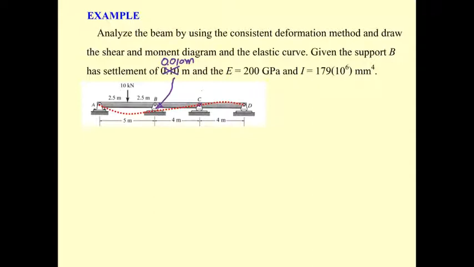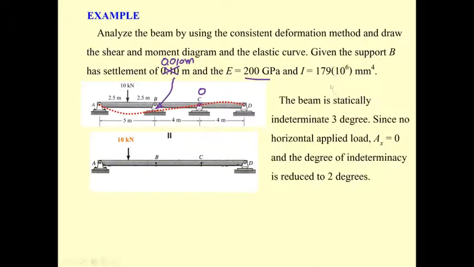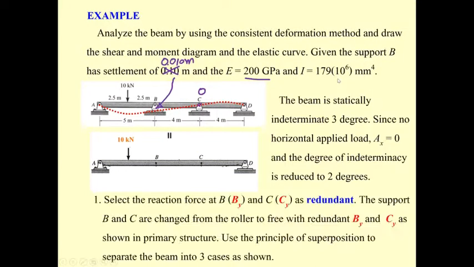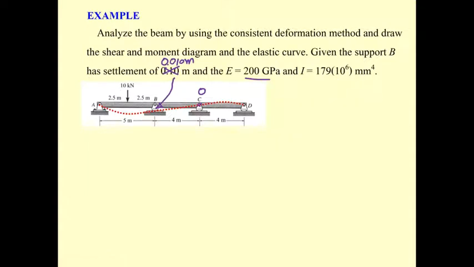That means this deflection is 0, but this one is 0.01. And E is 200 gigapascal, I is 175 times 10 to the power 6, and if you do the unit conversion to meters, this is going to be 179 times 10 to the minus 6 meter to the power 4.